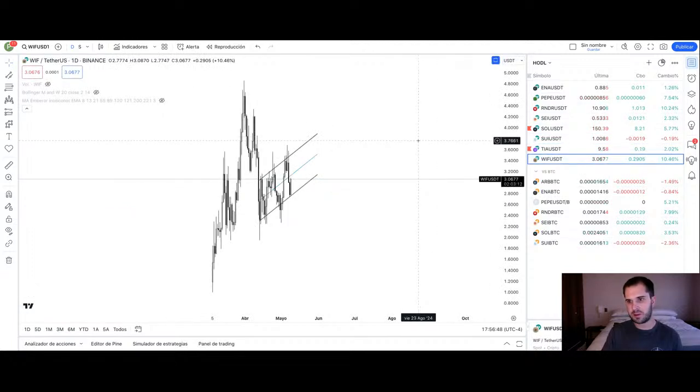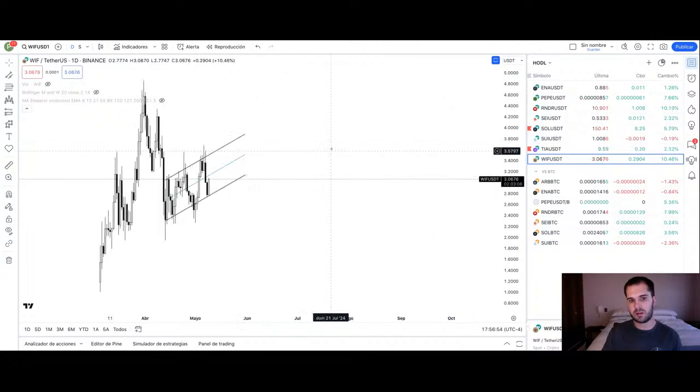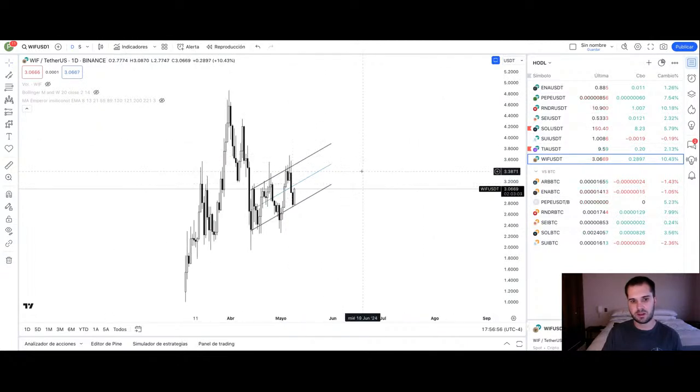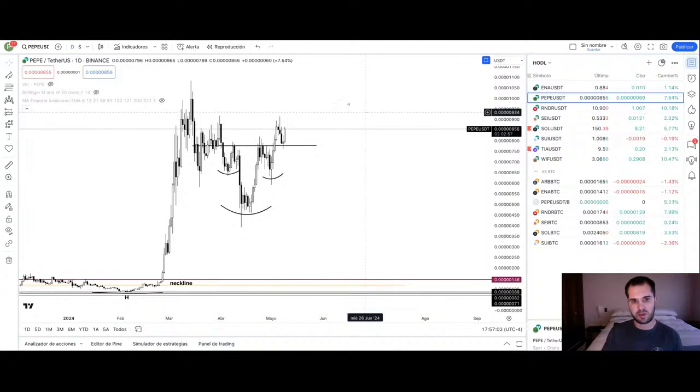It's pumping more than 10% today, so making a good recovery. Probably a lot of people saw this here, got scared, and just dumped their position. Pepe the same.